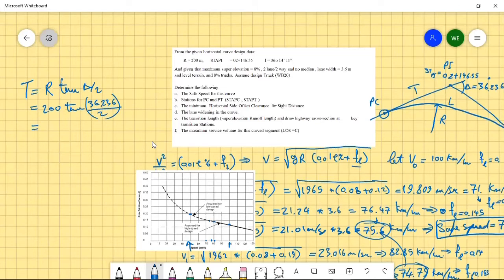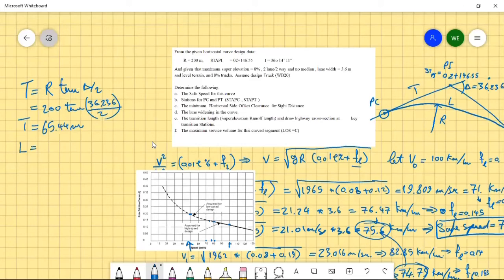So how much is this? 200 multiply 0.3272, so this is 65.44 meters. Can you tell me the L would be how much?